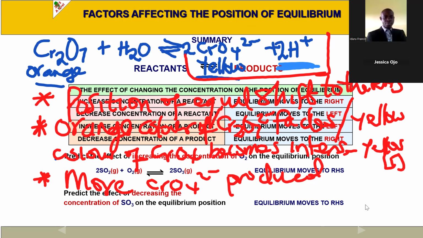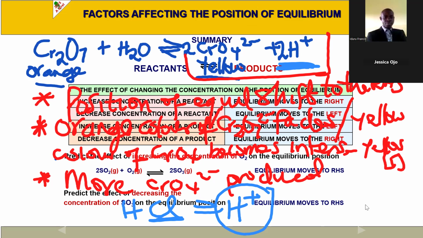The moment you add acid into it, the concentration of H plus will increase, either HCl or sulfuric acid. If you add HCl, Cl does not have any role to play because it is not in the product, it is not in the reactant. What matters most there is the H plus. The H plus is in the product, so it will increase the concentration of the product. That will initiate a backward reaction.